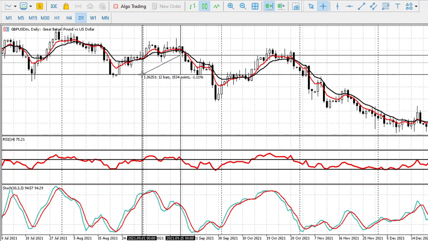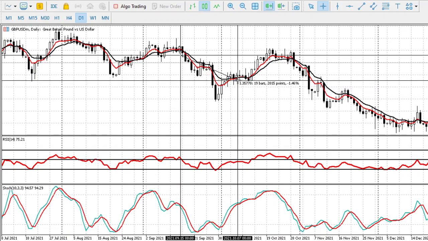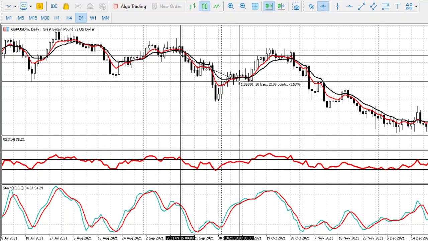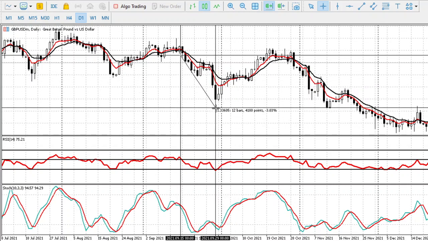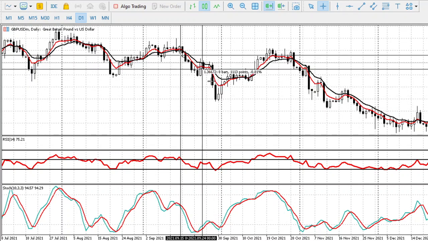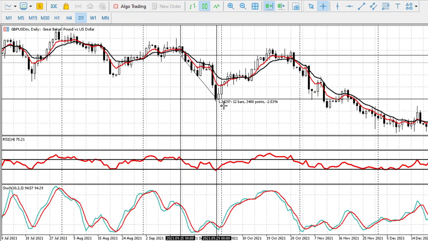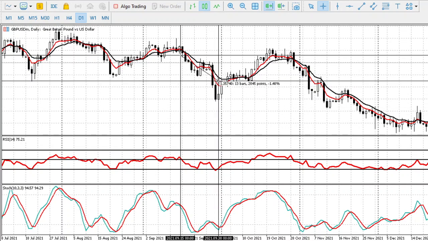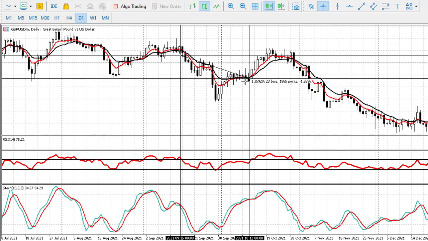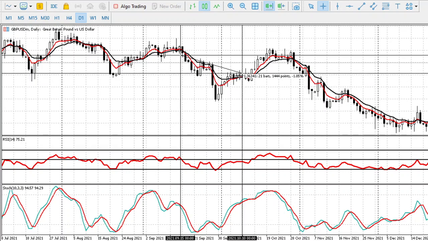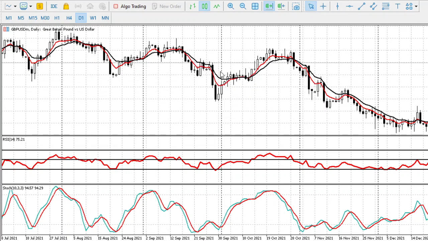Then for take profit number 2, you could wait until the moving averages cross, or the RSI hits period 30, whichever comes first. So in this case, you could see that waiting for the RSI would have been more profitable than waiting for the moving averages. So you can wait to see which one comes first.